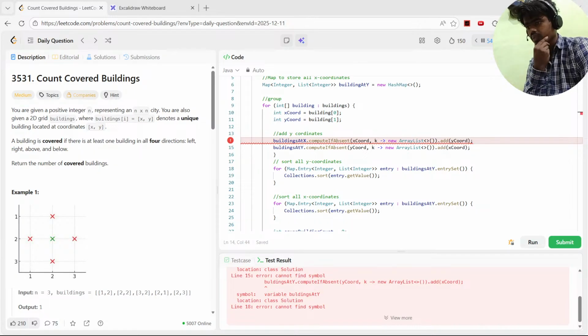If I have x coordinates and then we add y coordinates, right?